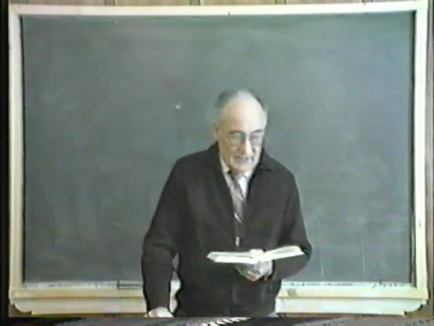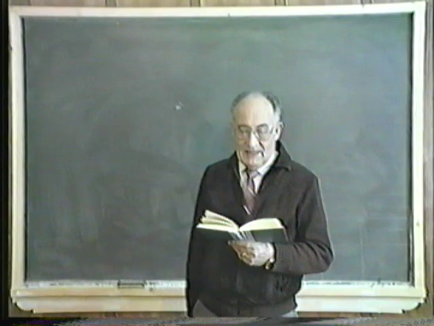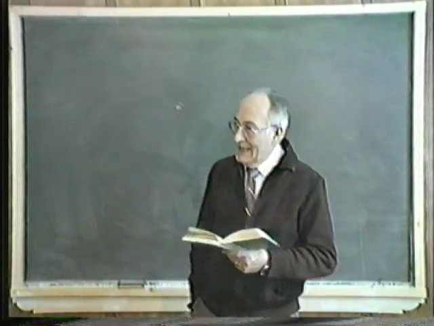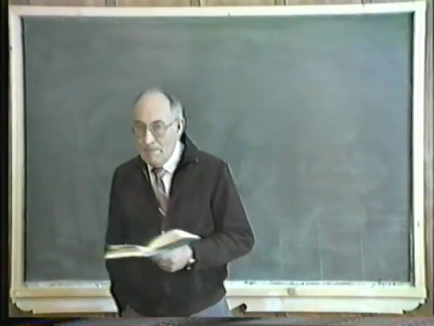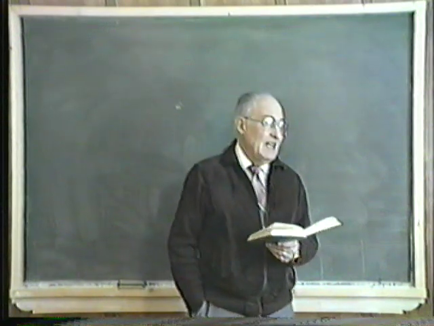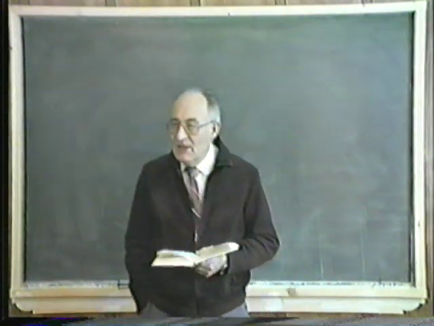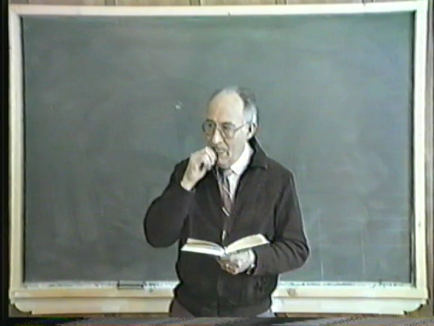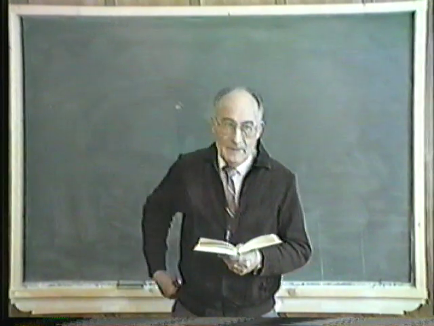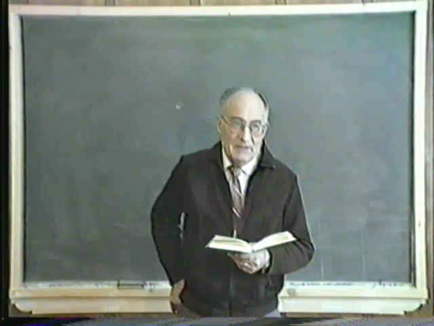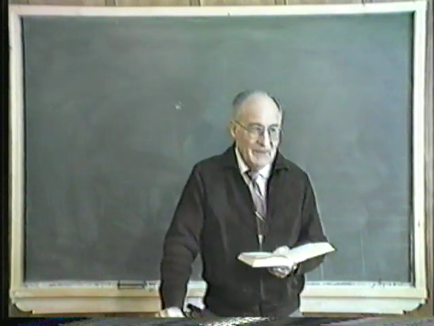On page 126, the first aorist subjunctive active and middle of luo. Look at it. You have the sign of the first aorist. What is the sign of the first aorist? The sigma.